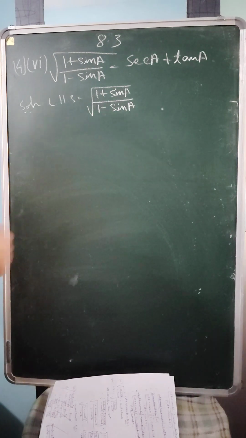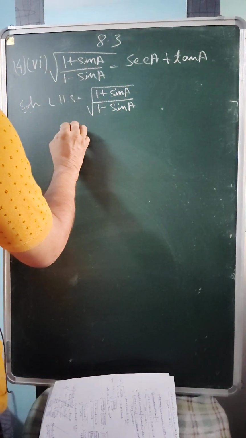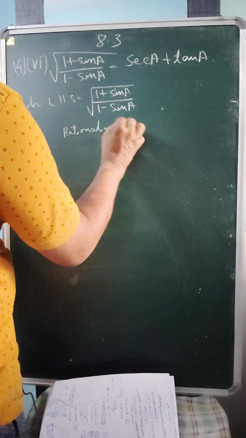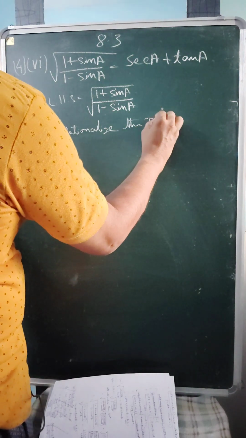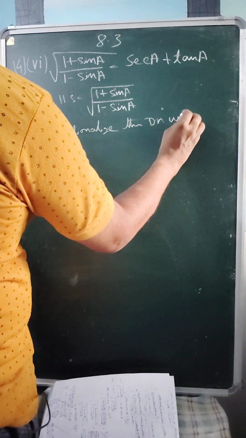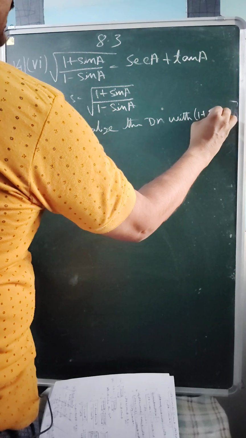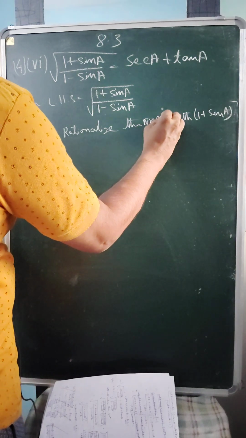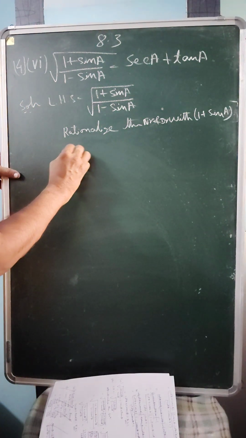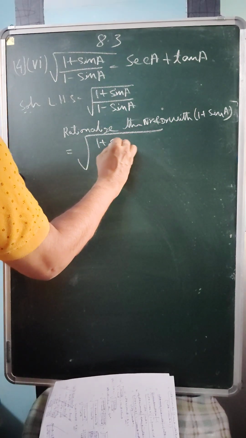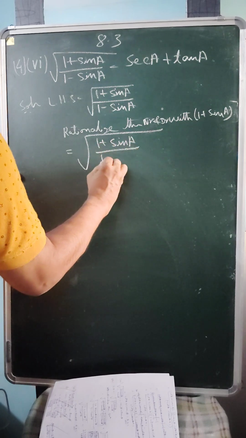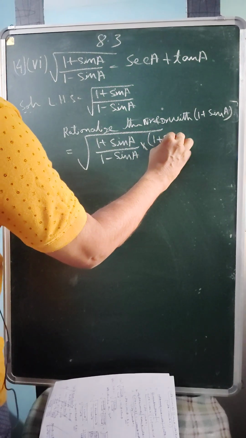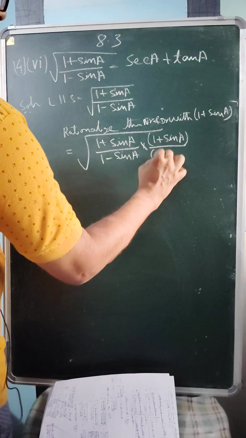Here, rationalize the denominator with 1 plus sine A. Rationalizing the numerator and denominator with 1 plus sine A, it is equal to root of (1 plus sine A) divided by (1 minus sine A) into (1 plus sine A) divided by (1 plus sine A).